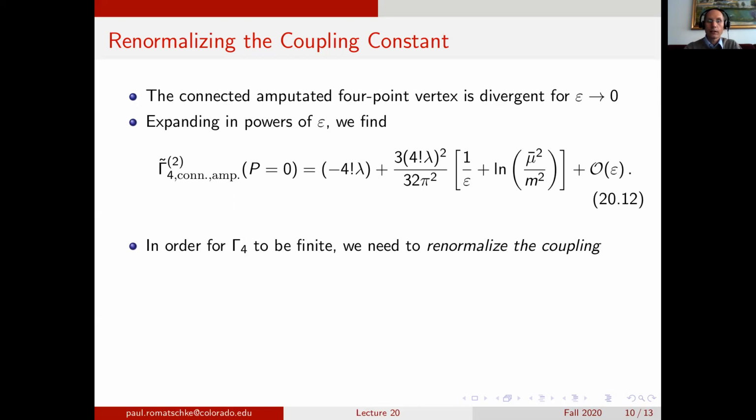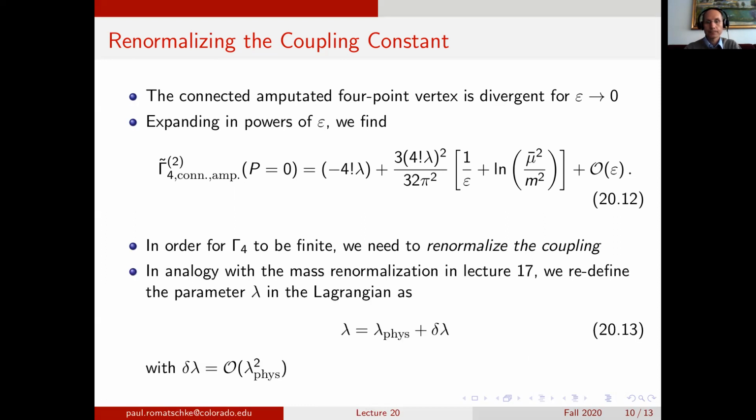In order to get a finite result for the 4-point function, we need to renormalize the coupling constant. And we do that in complete analogy to what we discussed in lecture 17 on mass renormalization. So we take the freedom that in our Lagrangian, the parameter lambda is not necessarily the same as the physical coupling. We replace lambda by lambda physical plus a counter term delta lambda, where we expect delta lambda to be given by an expression that's already order lambda squared or higher.